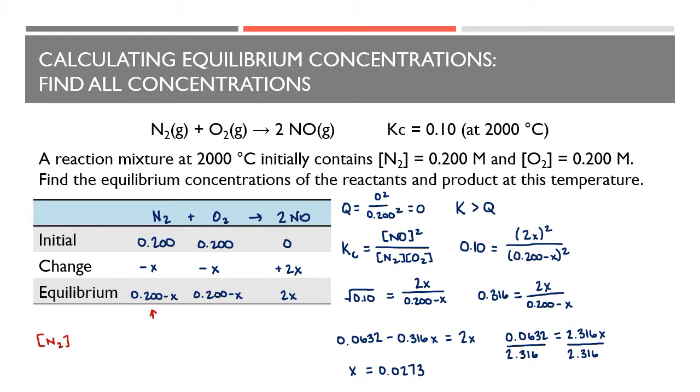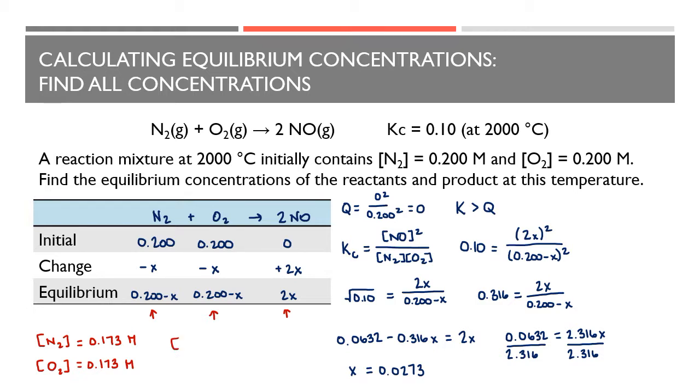So I'm going to find the concentration of the nitrogen by taking 0.200 minus x, which equals 0.173 molar. And that's the concentration of the N2. The concentration of the O2 is exactly the same because we have the same initial concentrations, so it is 0.173 molar as well.